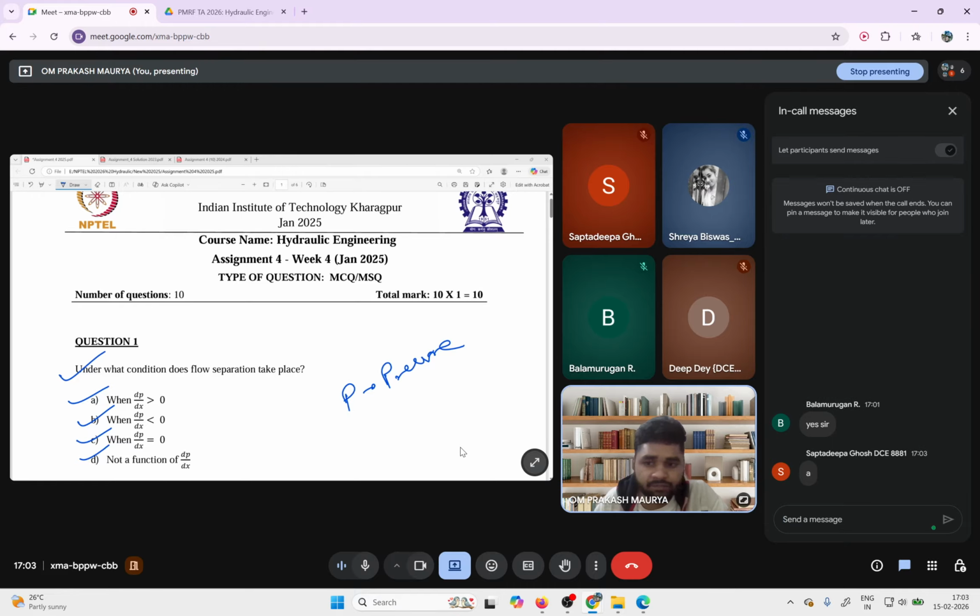Okay, you are telling A option, when the pressure gradient is greater than 0, means positive. Okay, fine. Other students, please also write your answer.